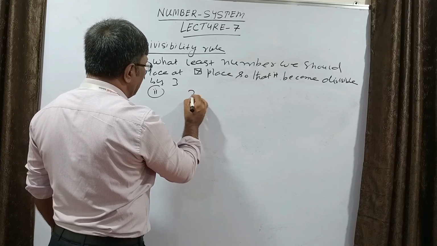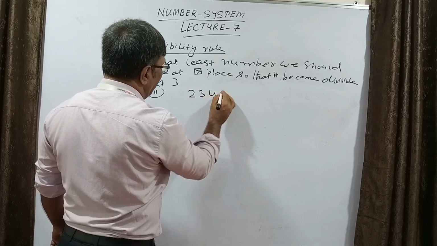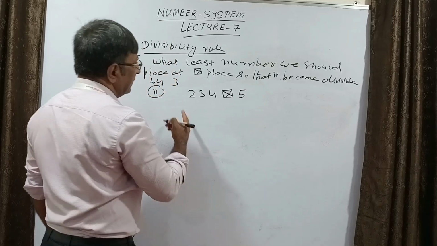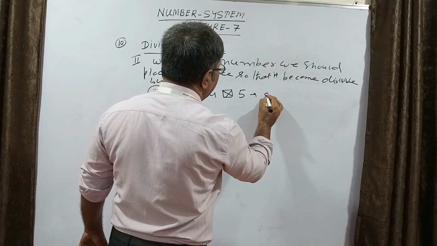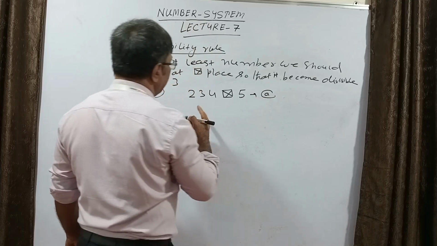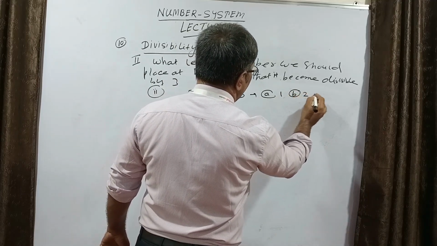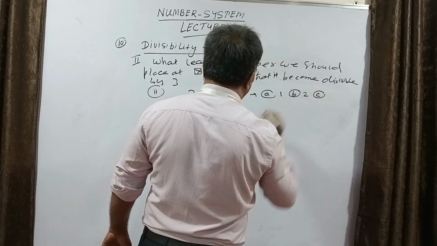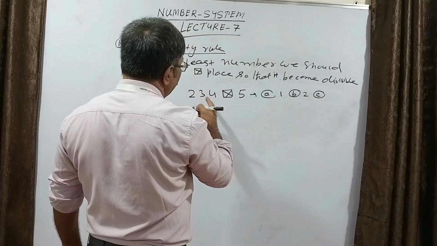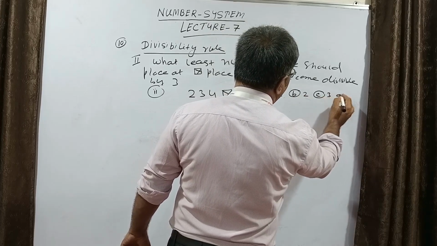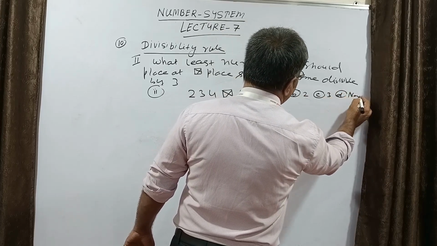Suppose it is given 2, 3, 4 and here a star place and here 5. Here option A is 1, option B is 2, option C is 3 and option D is again none.